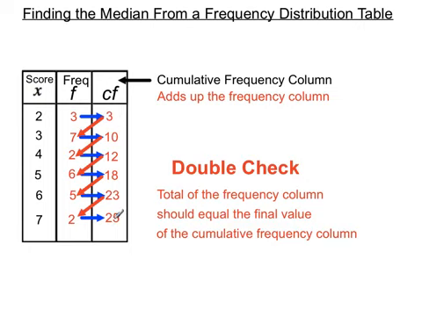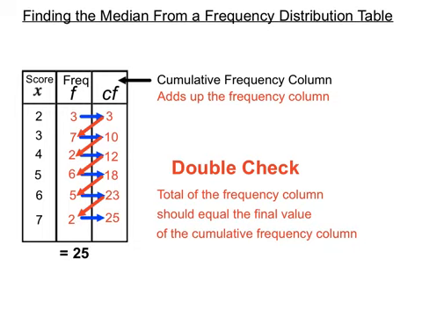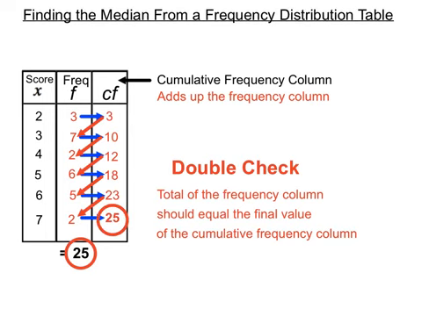So we add this 3 and the 7, the 2, etc. We get a total of 25 for that frequency column, and we notice that the final item of the cumulative frequency column is also 25. So we've done some pretty good work there. We'll be confident that our cumulative frequency column is correct.